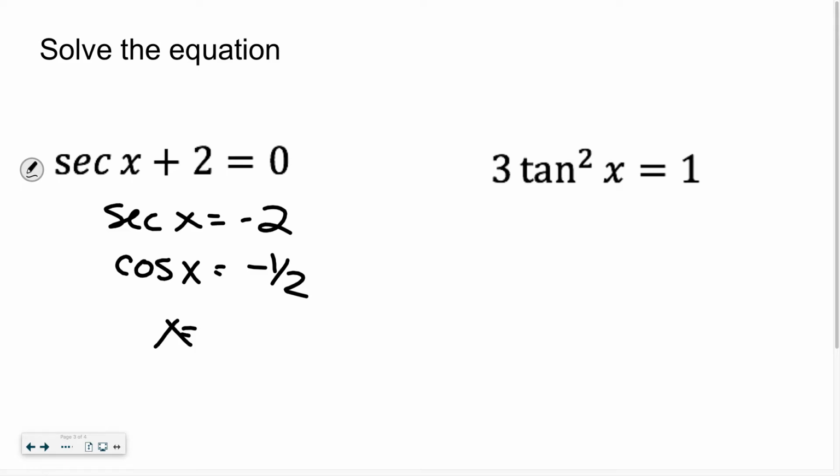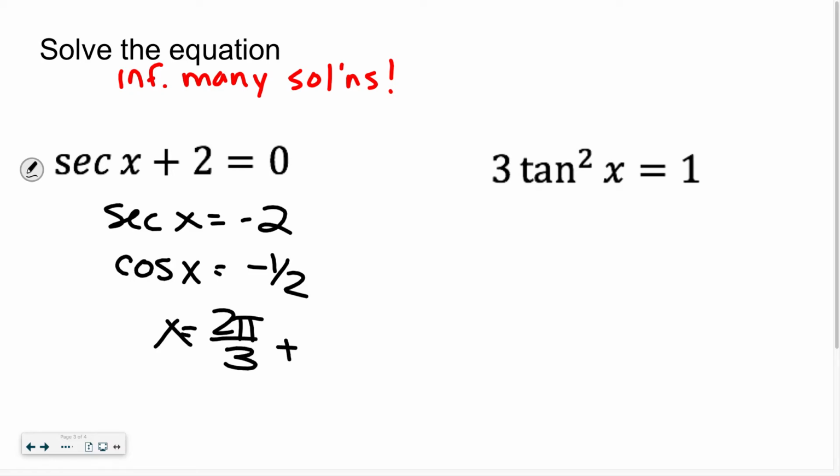And we have infinitely many solutions. Look, I changed my directions. Okay, solve the equation. Infinitely many solutions. So this time I'll say x is, we said 2 pi over 3 plus, and then I would just go all the way around, and all the way around, and all the way around, right?